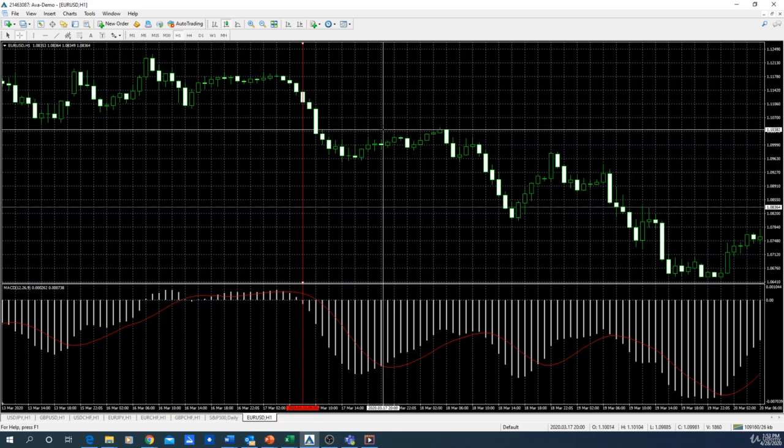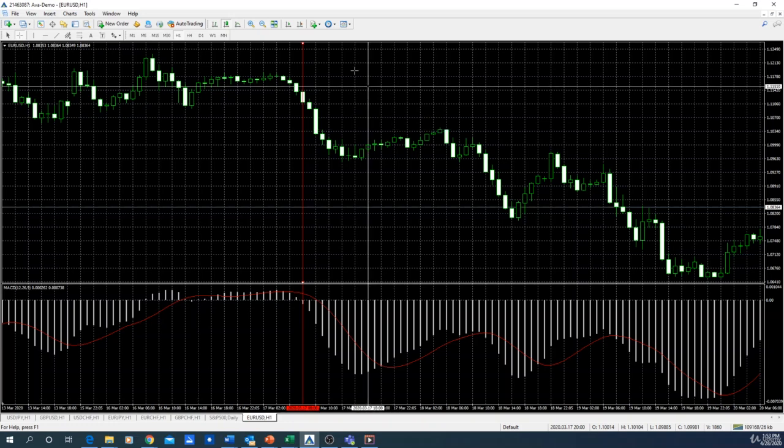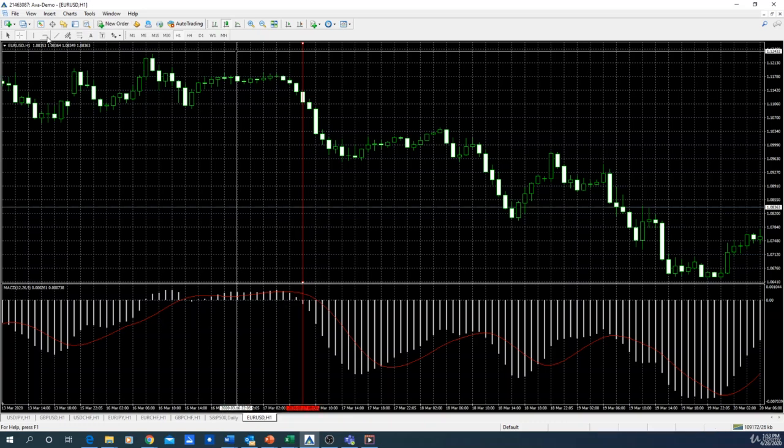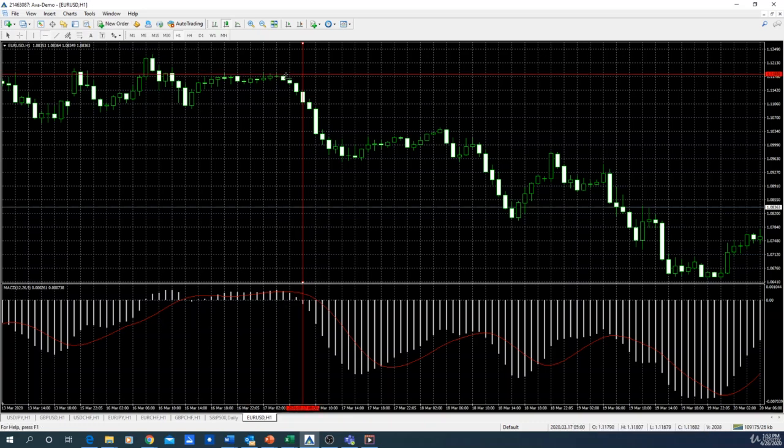Our stop loss will simply be the highest point of the 3 previous candles. So in this case, we have our 3 candles, 1, 2, and 3. So this will be our support. We don't want to go higher than this. So we are ready to take a risk that goes from here to there. So this is our risk.